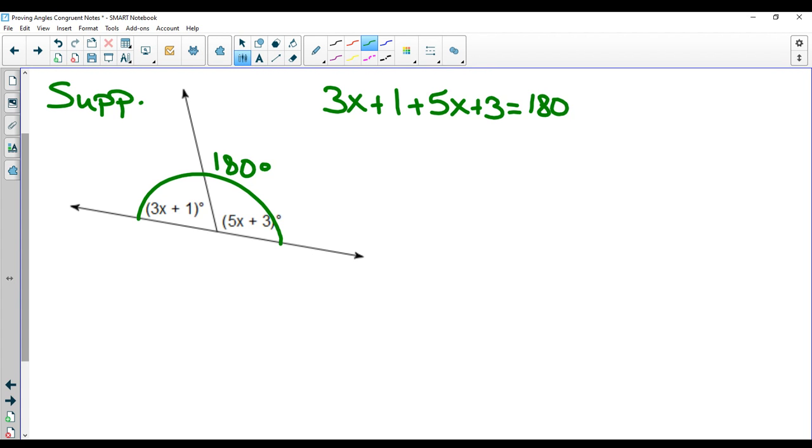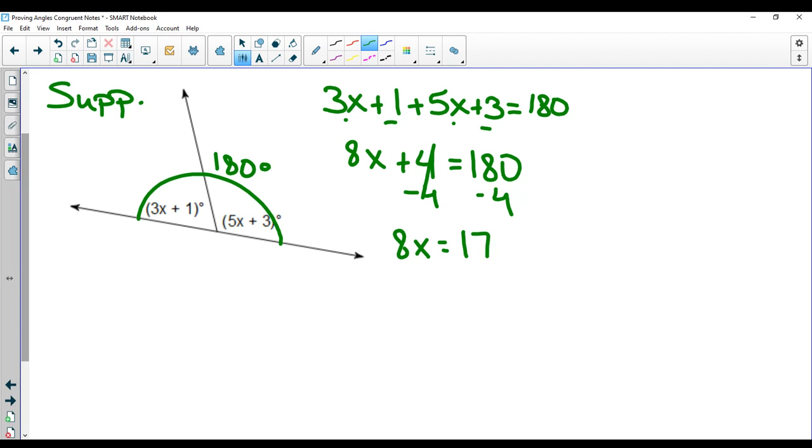Okay, got a little multi-step equation here. We need to combine like terms first. 3x and 5x give me 8x. 1 and 3 give me 4. Now we're adding 4, so to make it go away, we subtract 4.